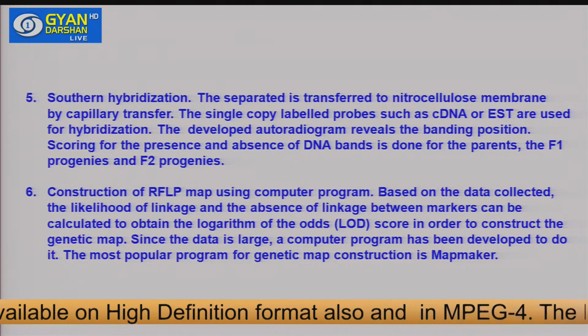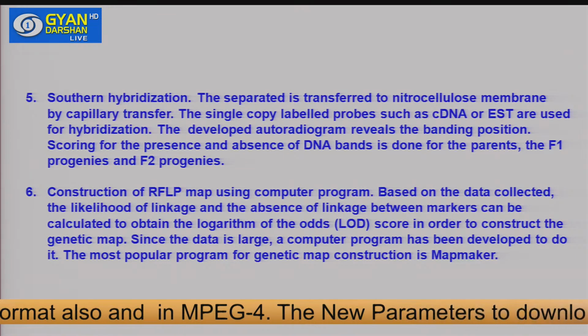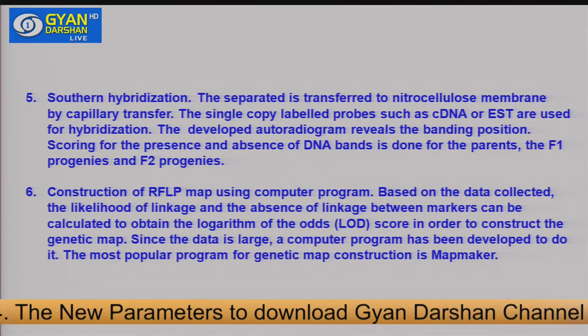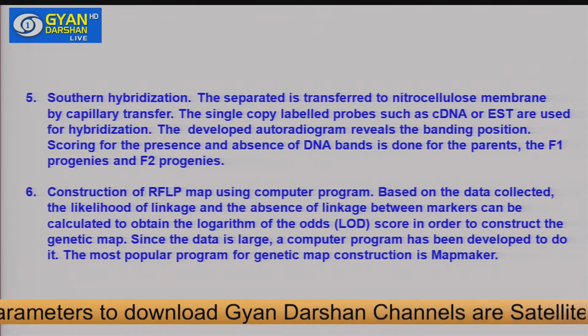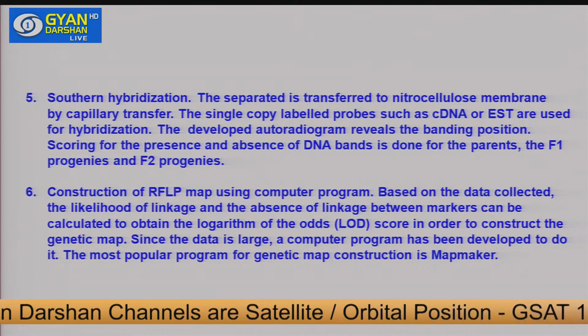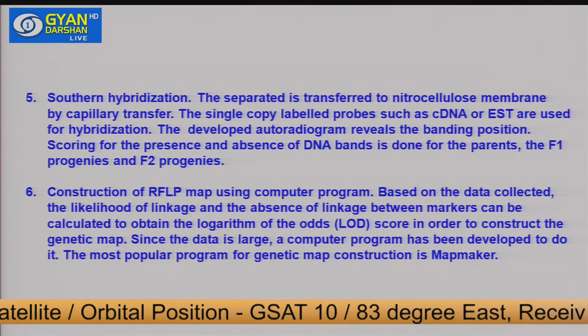Since the data is large, a computer program has been developed to do it, and the most popular program for genetic map construction is MapMaker. So using several statistical tools and computer software, you can construct an RFLP map, that is, a restriction fragment length polymorphism map.